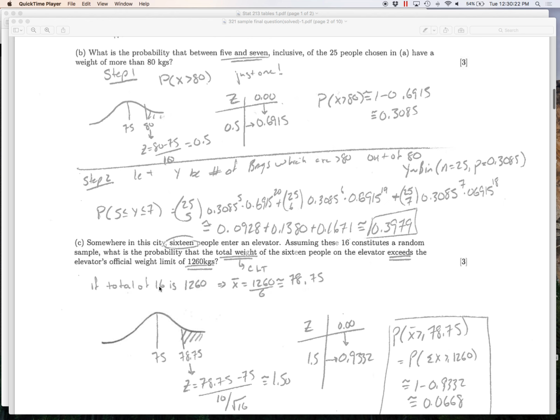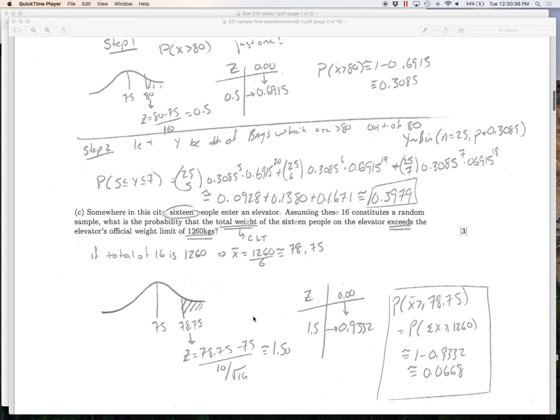If the total of 16 people is 1,260 or more, then the average for each and every individual person must be 78.75 or more. Again, I am using the central limit theorem, like I did in part A. Here is the mean, and the standard deviation is sigma divided by root n.